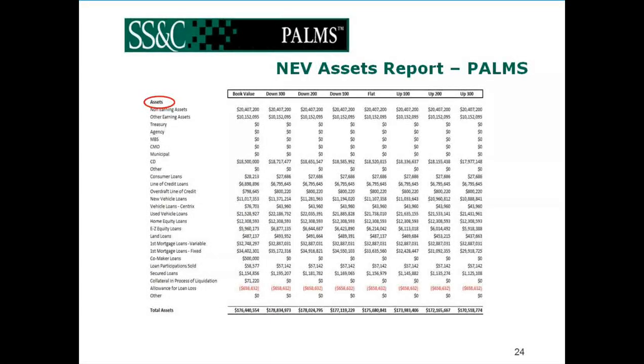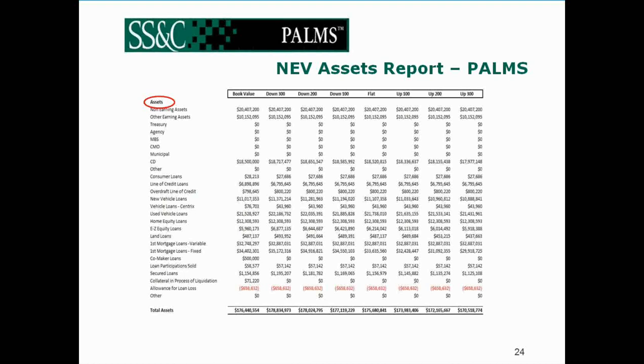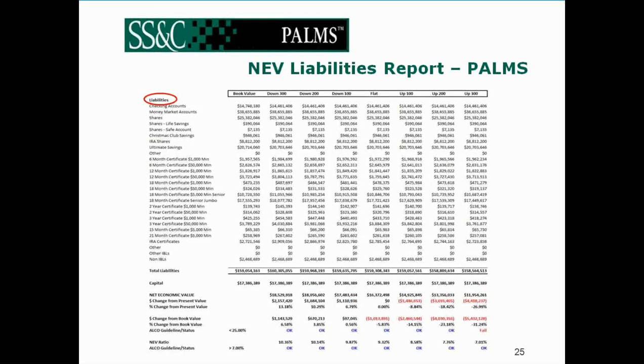This is a sample report that came from PALMS, and it also breaks it down into the different base case and shock scenarios. On the far left-hand side, we see a column for book value. This is a similar report, but for liabilities. And on the bottom, as you will see, we can ascertain whether this financial institution met or exceeded, or in a couple cases, failed to exceed ALCO guideline statuses.